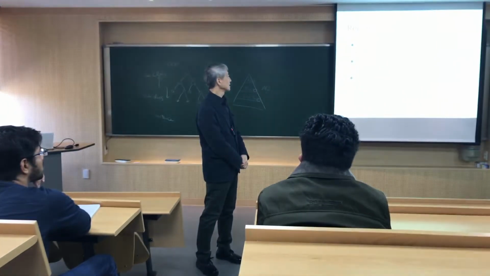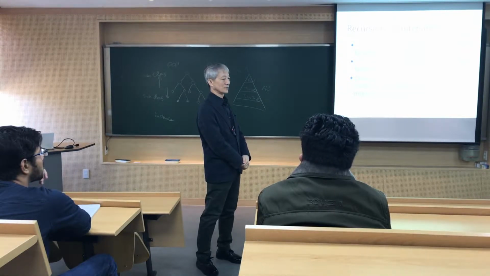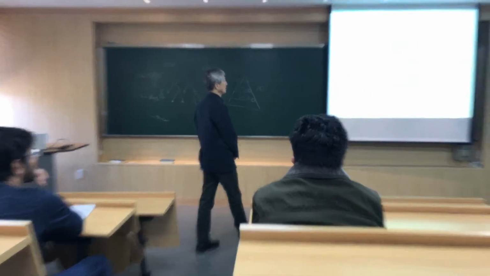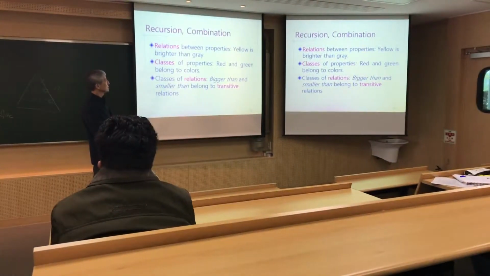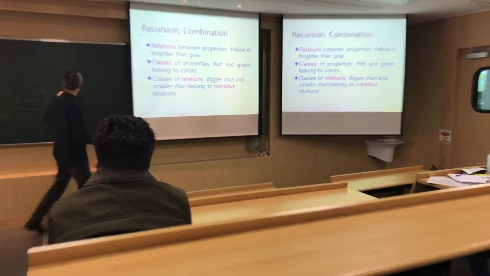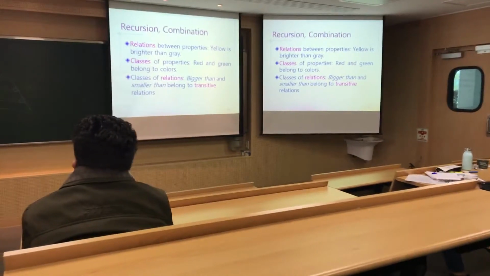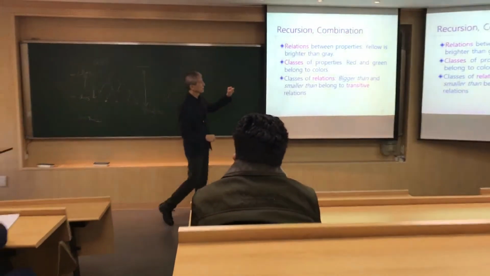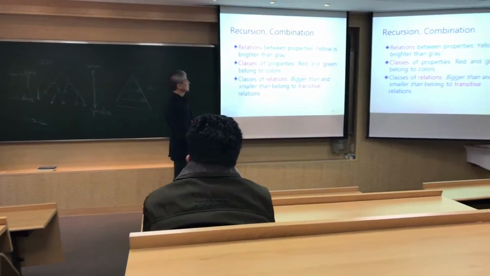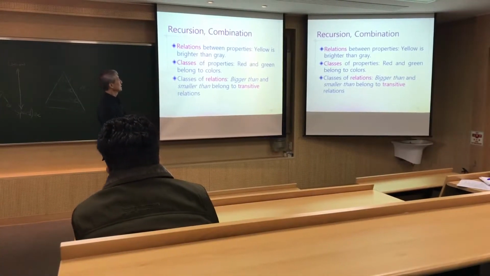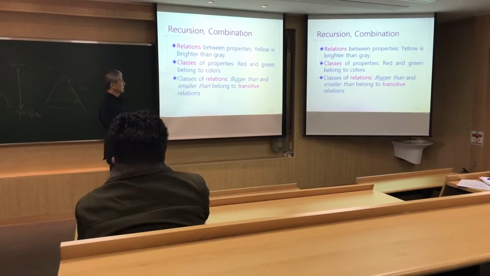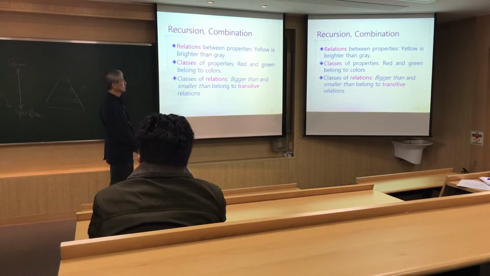Recursion, combination. So complexity comes from relations between properties. There is a relation between parts, physical parts, and also a relation between properties themselves. So yellow is brighter than gray, right? That is a relationship. And classes of properties: red and green belong to colors.